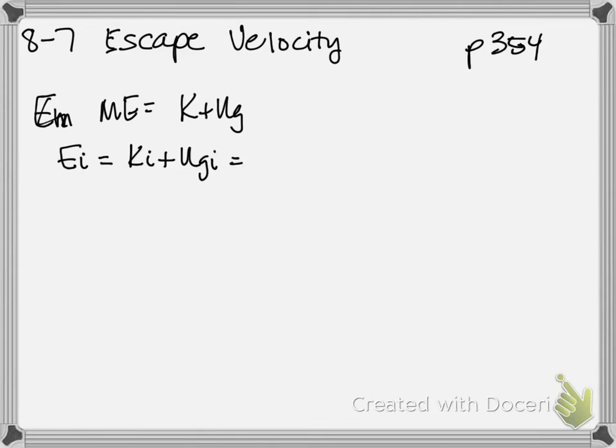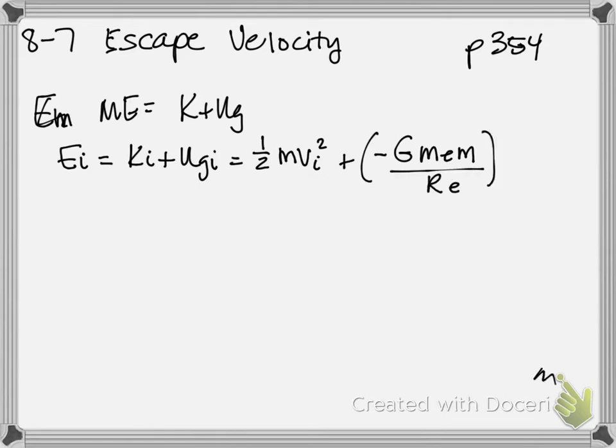So we can say that's 1/2 m v_i squared, where v_i is the initial velocity, plus, and now we've got to put in our less than beautiful formula for gravitational potential energy, minus big G, the mass of the Earth times the mass of whatever object we're tossing, divided by the radius of the Earth. That's the initial mechanical energy.